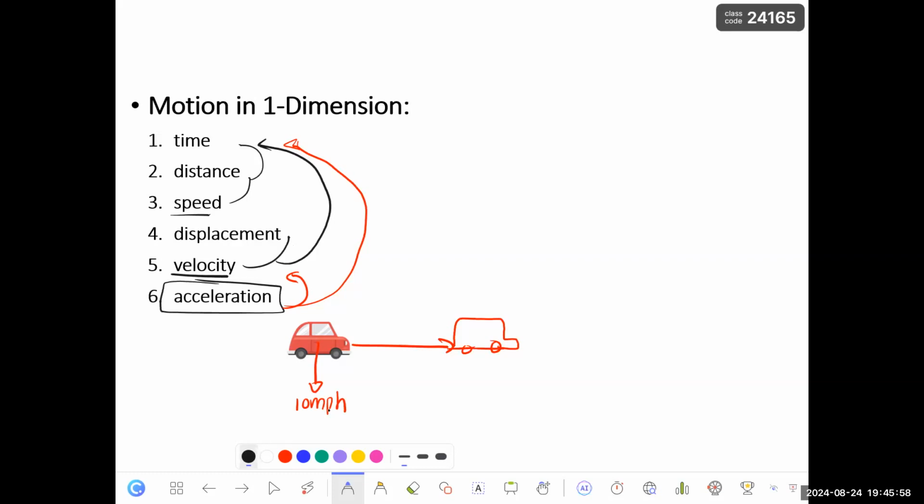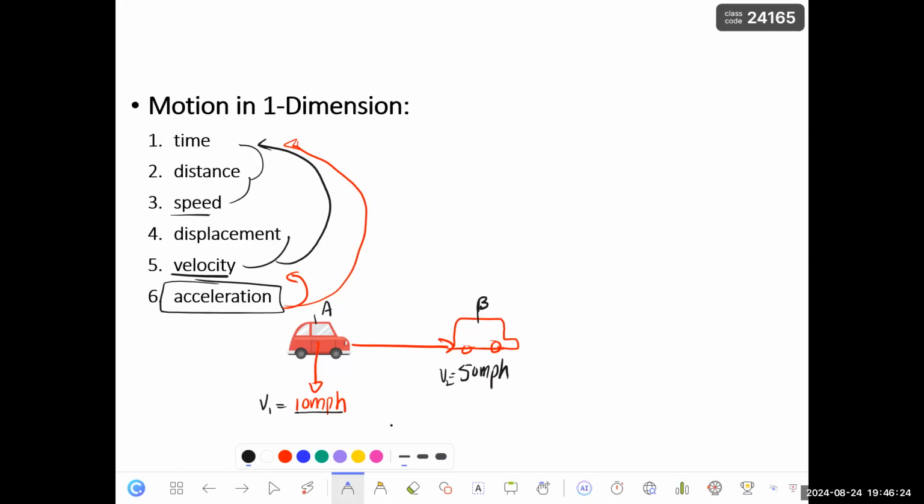To simplify, I can call this location A. At location A, the car was going 10 miles per hour. The driver pushed the gas pedal, and the car is now moving 50 miles per hour. The velocity of the car here is 10. The velocity of the car here is 50 miles per hour.